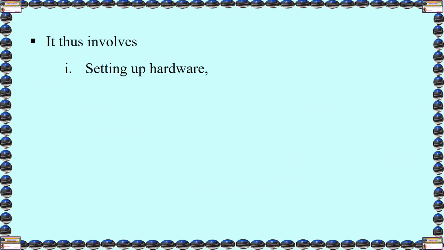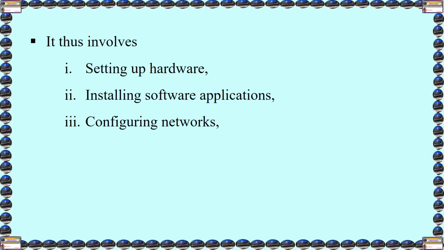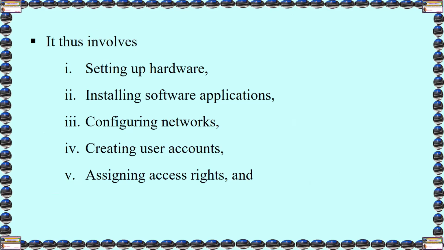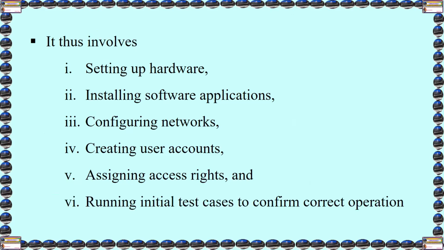It therefore involves 1. Setting up the hardware, 2. Installing software applications, 3. Configuring the networks, 4. Creating user accounts, 5. Assigning access rights, and 6. Running initial test cases in order to confirm that the system works correctly.